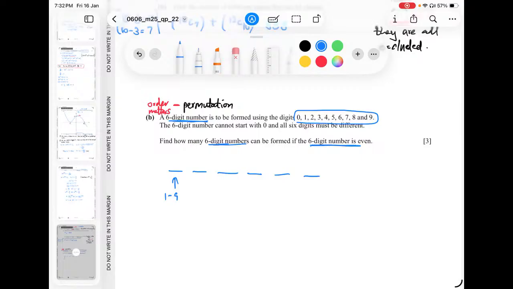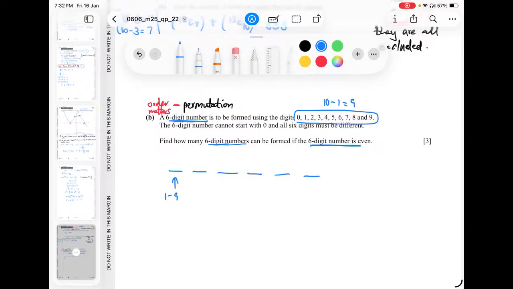So you take the 1 out of the 10, because you already chose 1 for the first place over here, and then there's 9 more digits you can choose from.